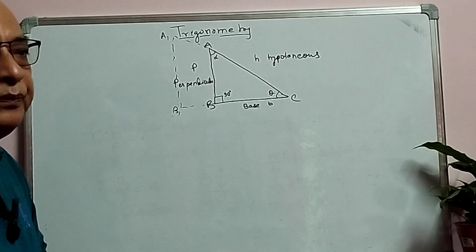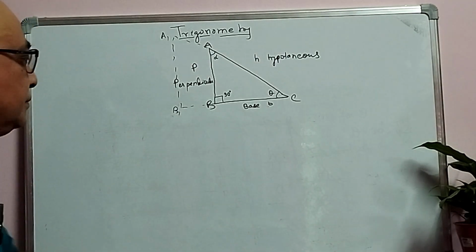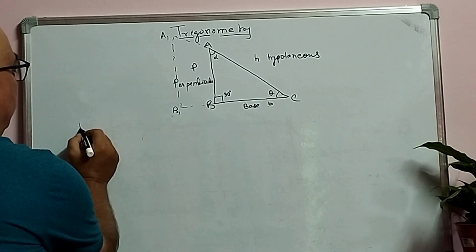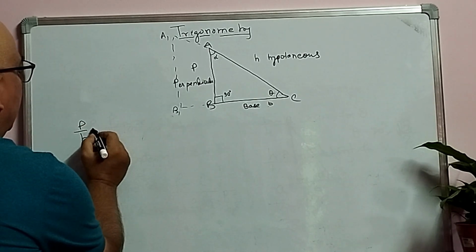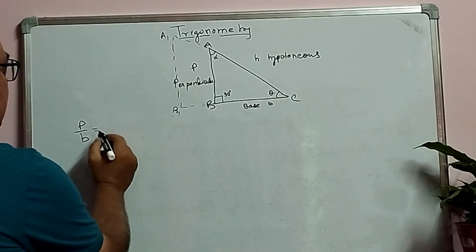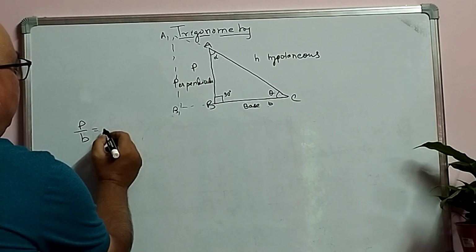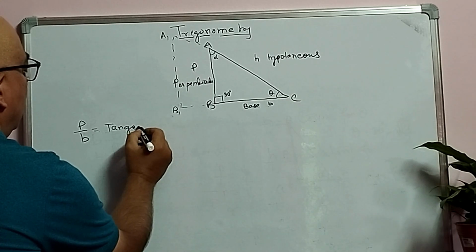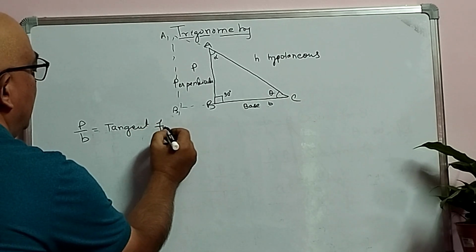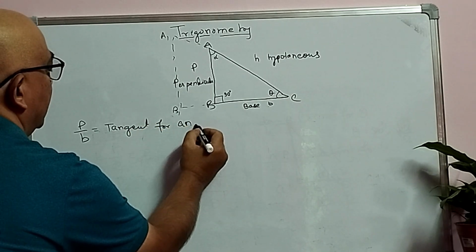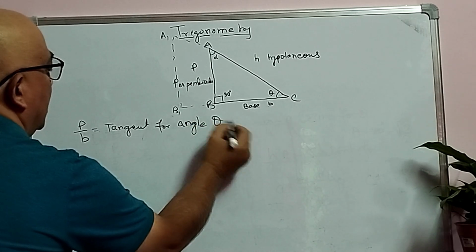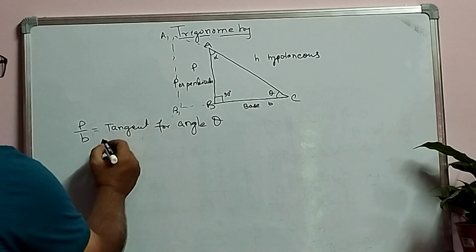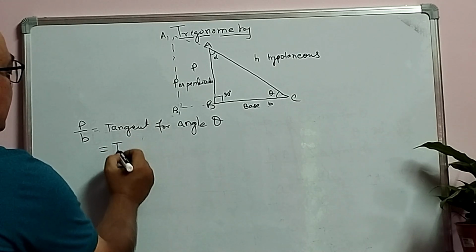We shorten the name. For example, P by B, we understood that P by B is tangent for angle theta. Here, instead of writing tangent for angle theta, we write tan theta.